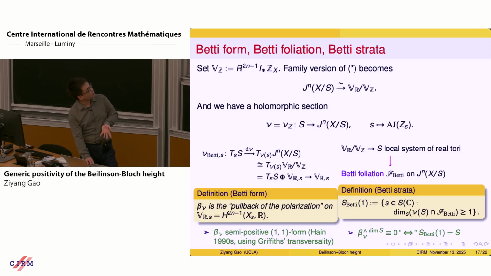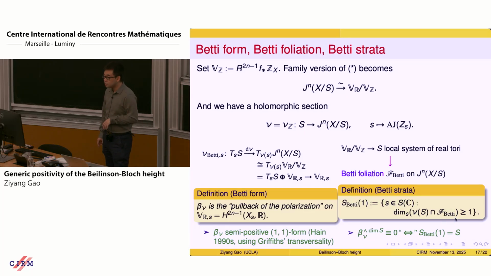On the other hand, this local system of real tori defines a foliation, and then you can define the so-called Betti strata or Betti locus. This is exactly the locus on S where it intersects the leaves non-discretely.